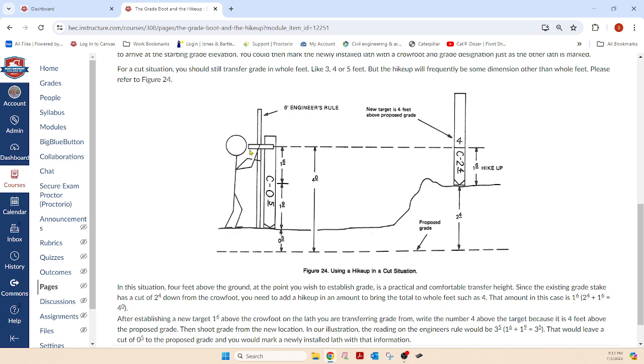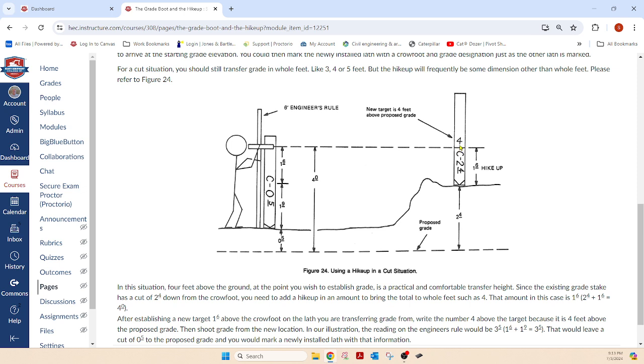I may have to just bend down a little bit, lean over a little bit, but I'm probably guessing that a 4-foot boot, which will be 4 feet, eventually is going to be 4 feet above the proposed grade. And we know where that is already because we don't need this to mark this stake. We don't need to know that cut if the guy marked this boot right. So let's check him out.